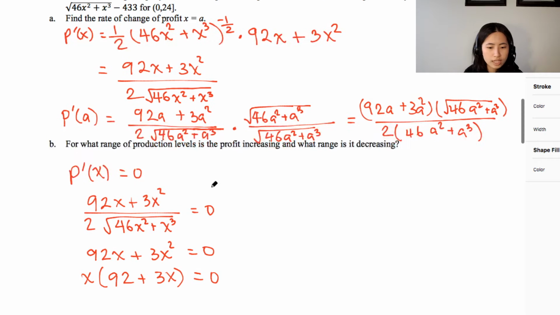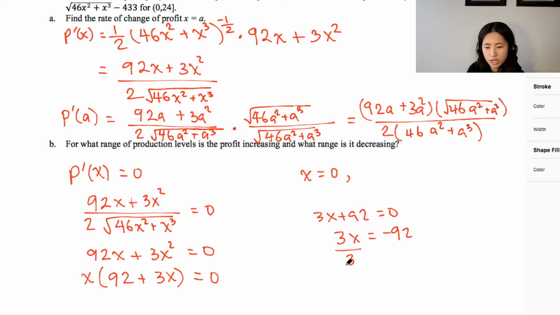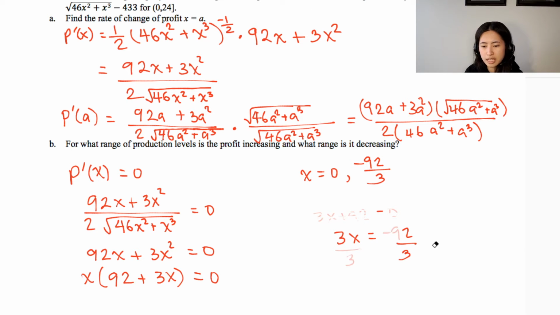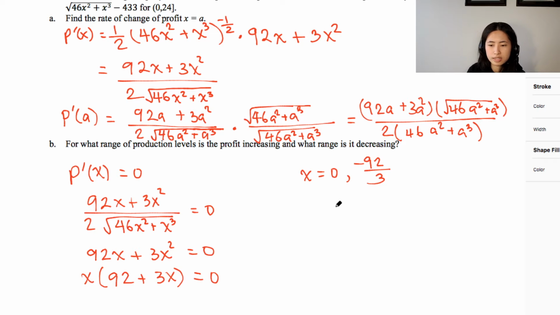Okay, so once we have that, we know that our zeros are x equal to 0, and 92 plus 3x equal to 0. Therefore 3x is equal to negative 92, so x is negative 92 over 3. So the other zero is negative 92 over 3. When you check where your function is increasing or decreasing, you need to assess where it is negative and where it is positive.